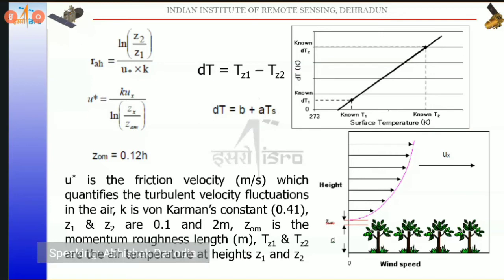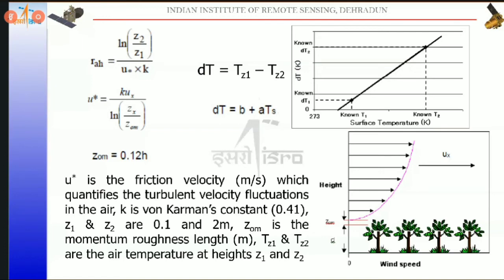But my point of concern here is how you define the DT, the range of DT or the particular DT value. The upper figure shows a trend line of variability with DT on the y-axis and land surface temperature on the x-axis.